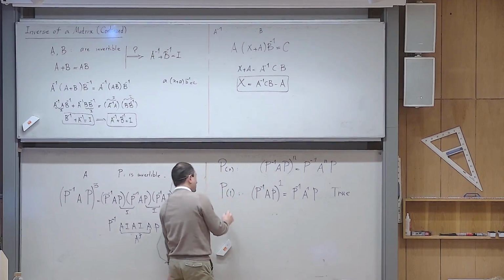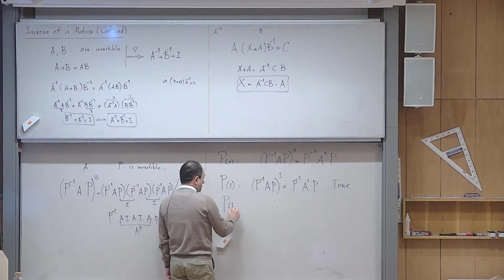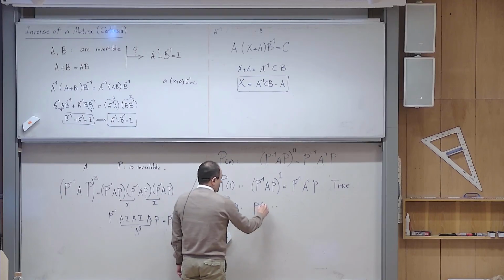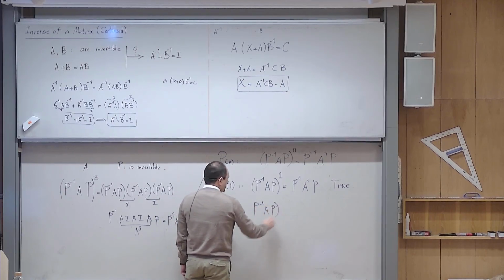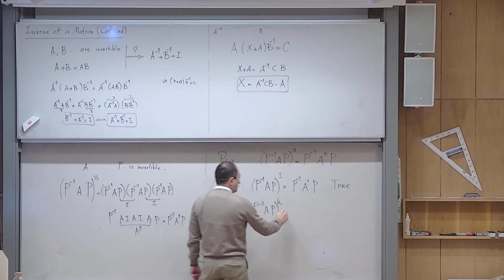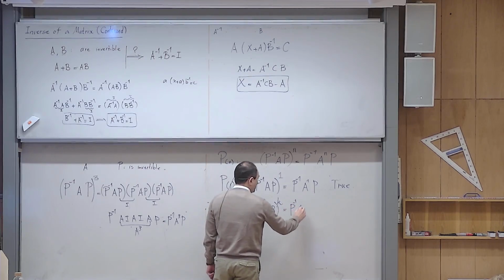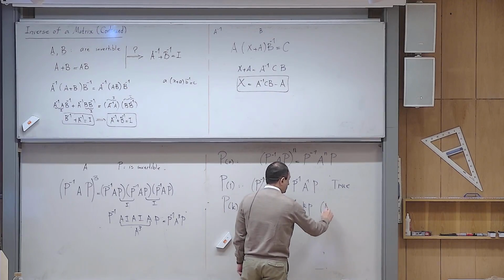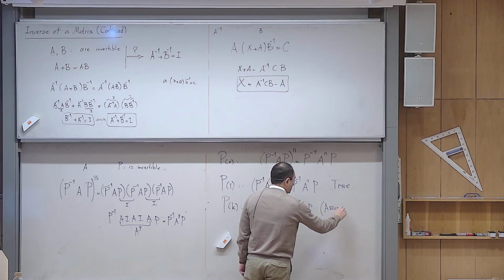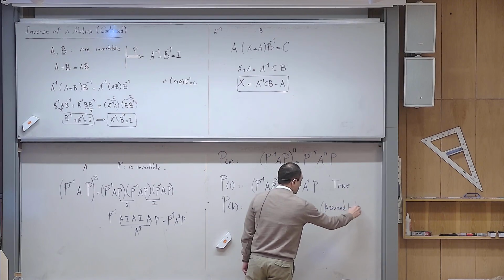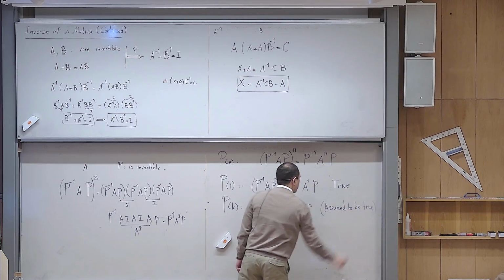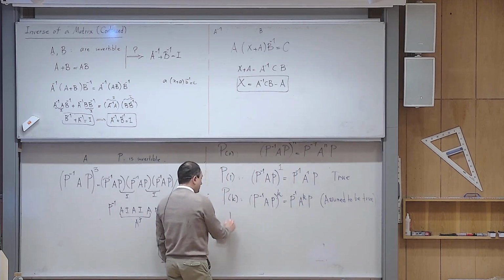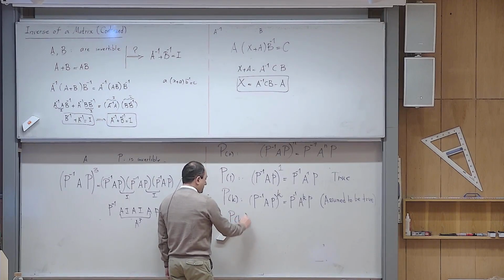Then we assume that P of K is true. It means that P inverse A P to the power of K is equal to P inverse A to power K P, assumed to be true. And then I have to prove that this is also true for P of K plus 1.